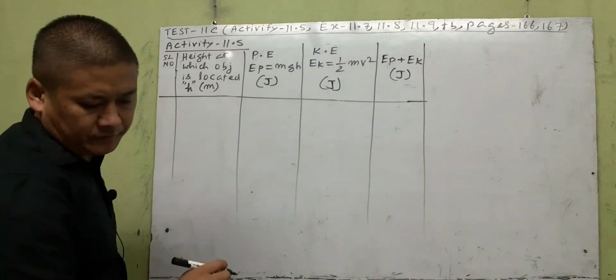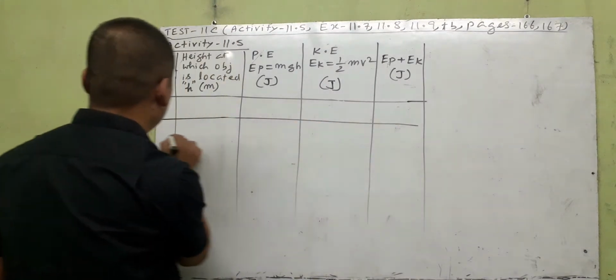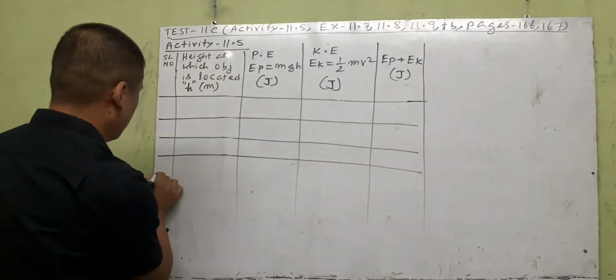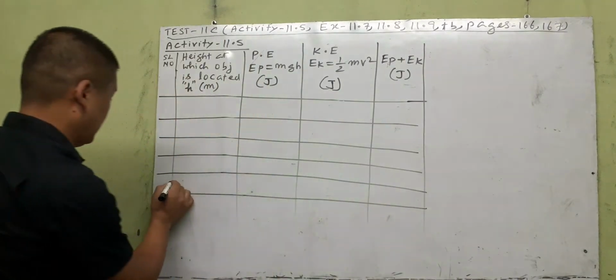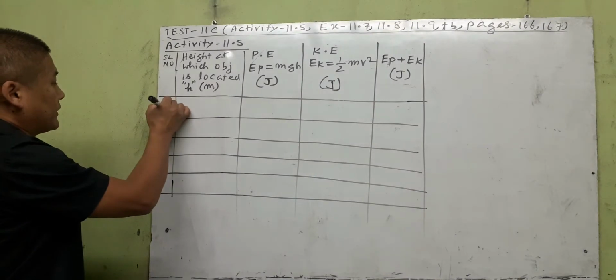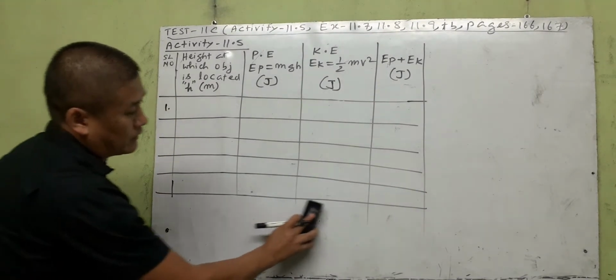The first one, 5 serial numbers are there. So 1, 2, 3, 4, and 5. So that will be enough. So the first one, let's start with serial number 1. Okay, and then we'll go one by one.